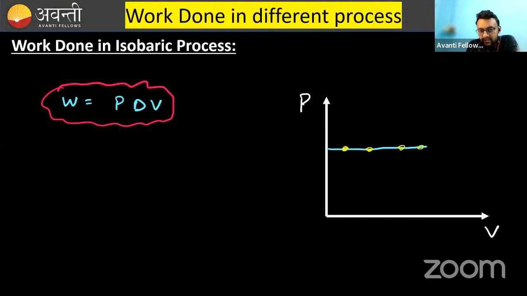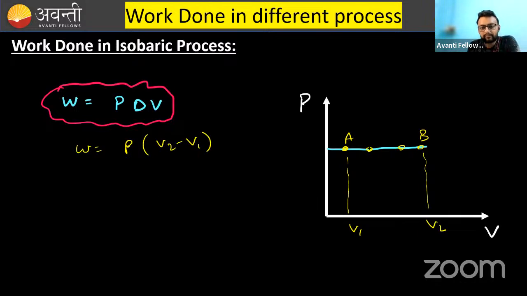For example, if process starts from point A and ends at point B, volume here is V1. Let's suppose here volume is V2. So work done can be written as P times the change in volume, which is V2 minus V1. Is it clear? P delta V. This is how you can write.